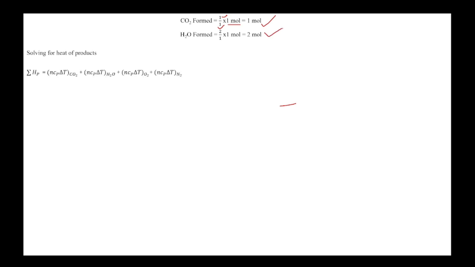Now solving for the heat of the product, we will solve each term individually. So n Cp delta T of CO2, n Cp delta T of H2O, n Cp delta T of O2, and n Cp delta T of N2.